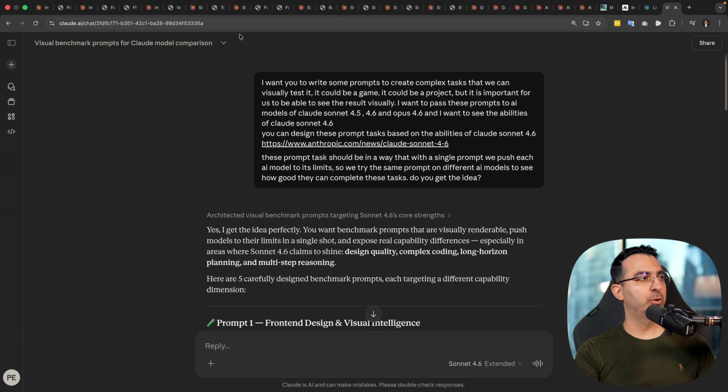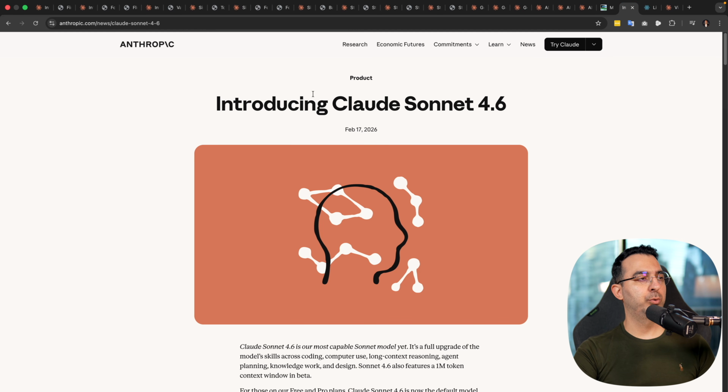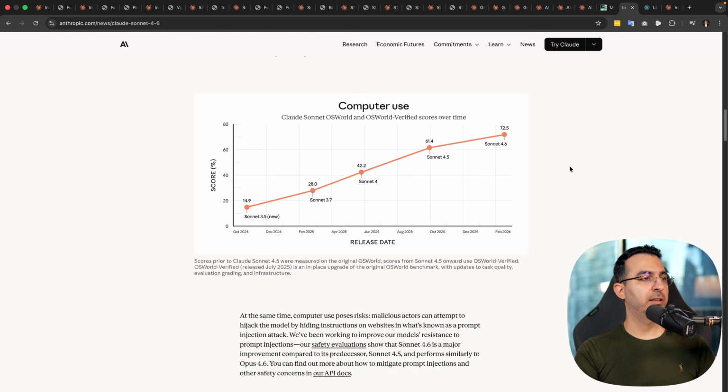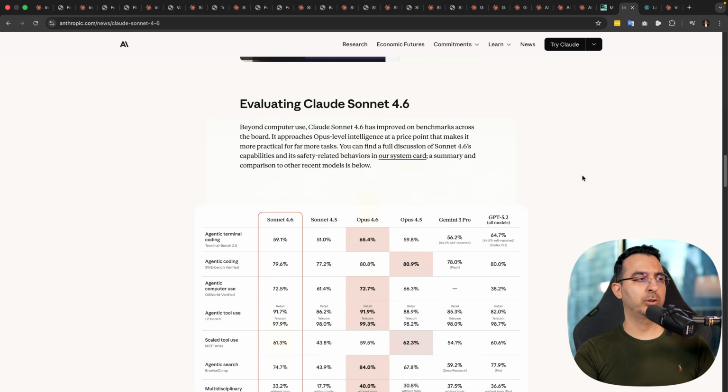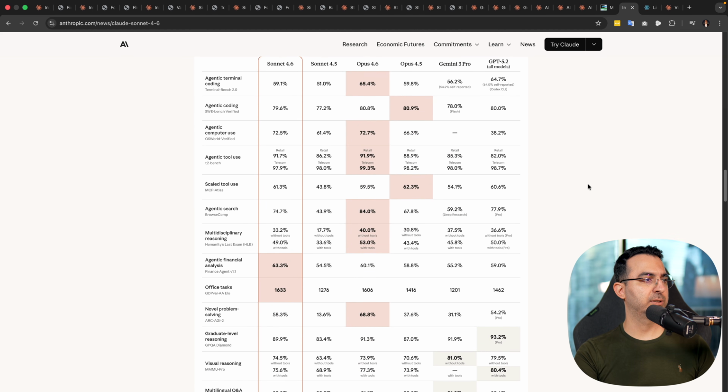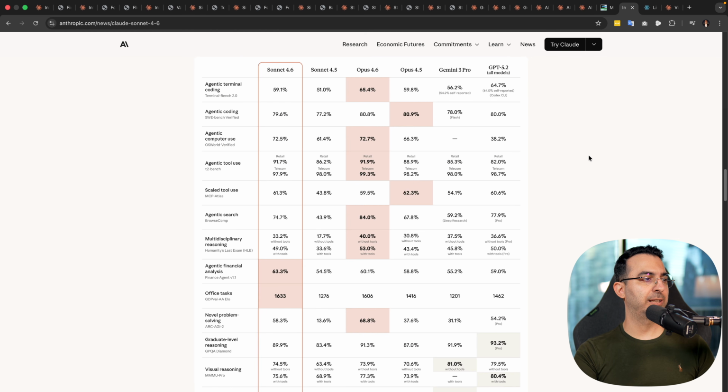So before we get to the projects that I already prepared for you, let's come here to their page. And if we scroll down, there is a lot of information here. I don't want to talk about some content that they shared here. Only in their benchmark, we can clearly see the numbers that it is much better compared to Sonnet 4.5.